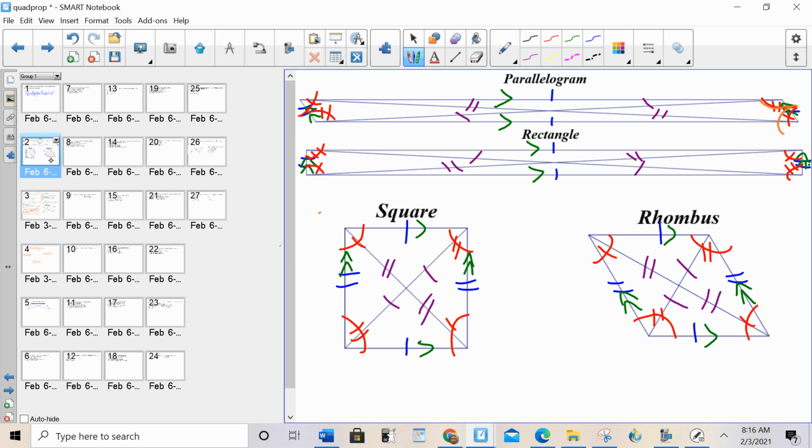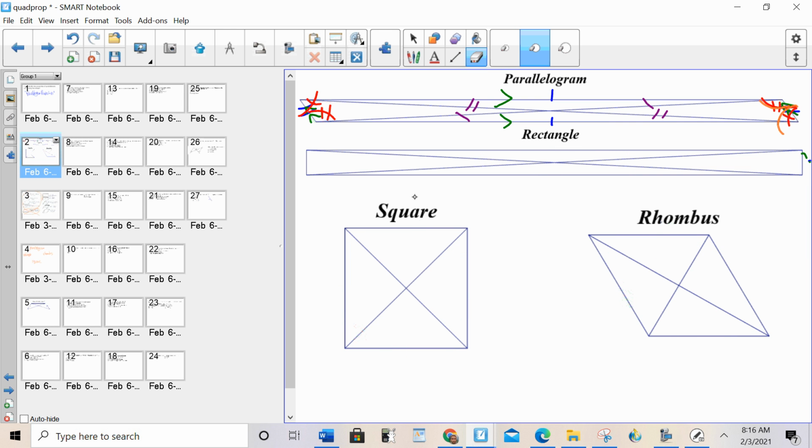Now, let's talk about what additional properties a rectangle has. There are 2 main additional properties that a rectangle has. First off, it's got right angles. When you think of a rectangle, going back to elementary school, you think right angles. That's one thing that a rectangle has that a parallelogram doesn't.